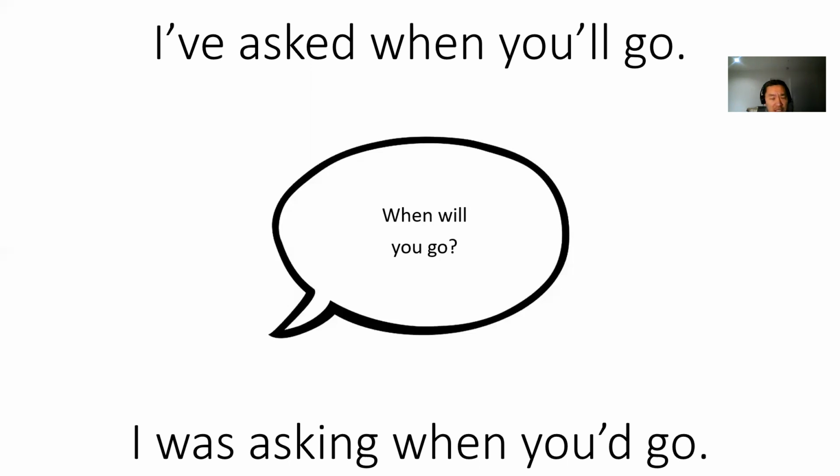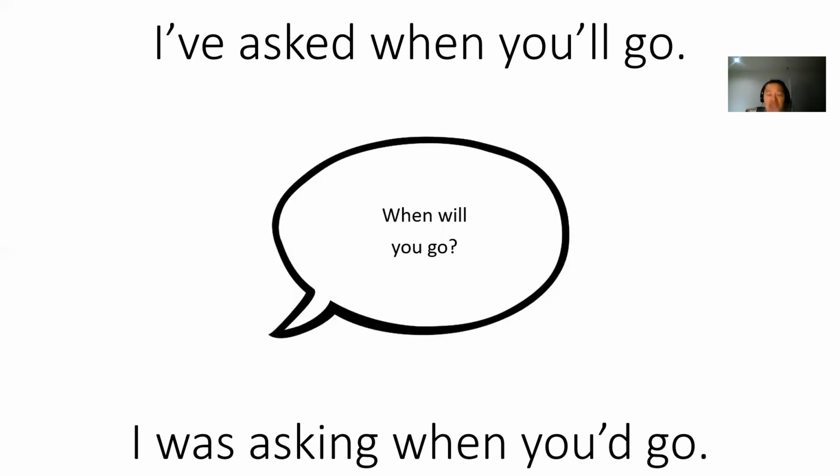So the future subjunctive is the future active participle, so the urus word, plus the present and the imperfect subjunctive of the verb to be. So say, for example, if you want to say you will go, it's literally you may be about to go.